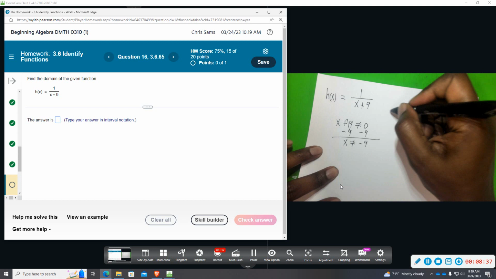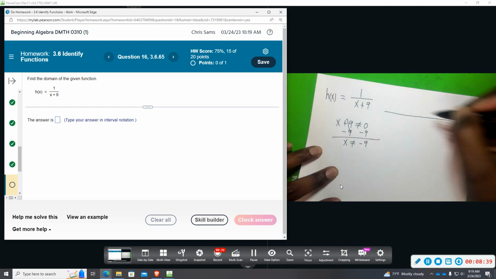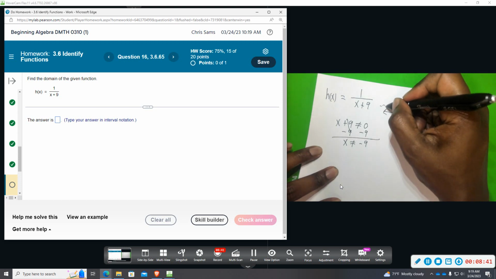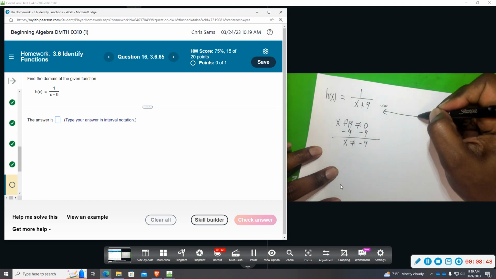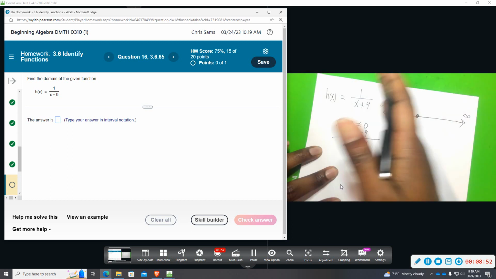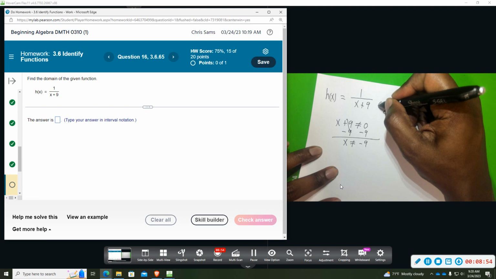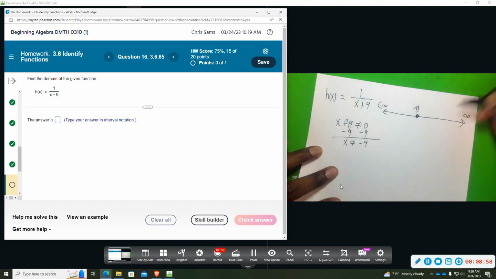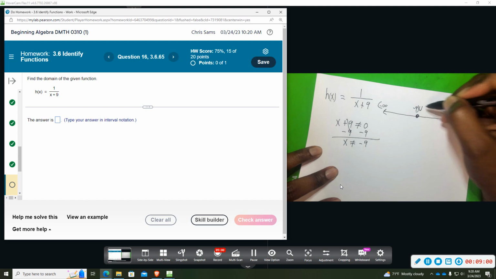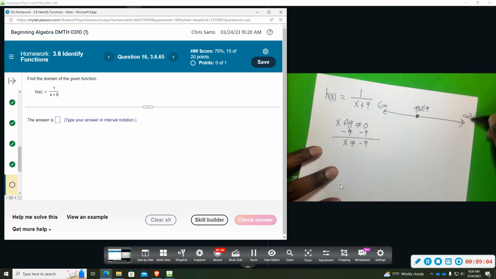So imagine I've got a number line with all the numbers on it. It goes from negative infinity to positive infinity. I'm removing one point, negative 9. So let's say negative 9 is right here. This point is being removed, so it's like separating this into two pieces. Negative infinity to negative 9, the left side of negative 9, and then I have to do this union symbol, negative 9, the right side of negative 9 to positive infinity.